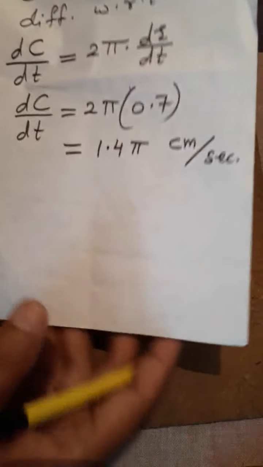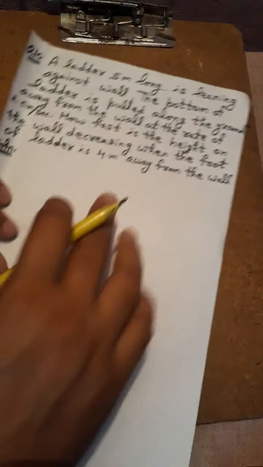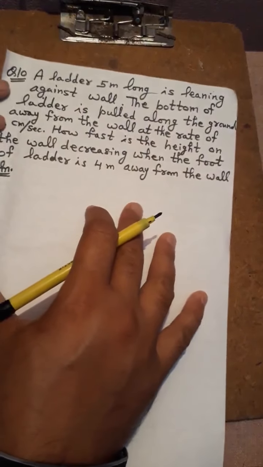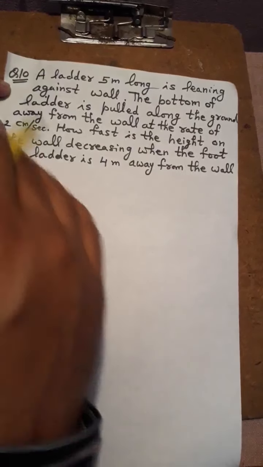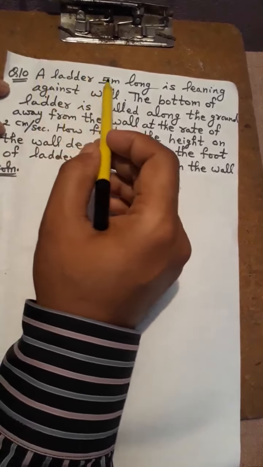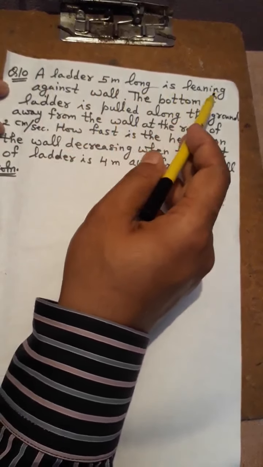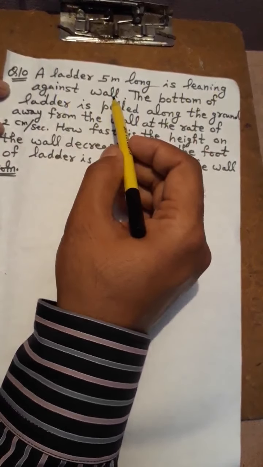Now let us do one more question, question number 10 from the same exercise. A ladder 5 meter long is leaning against a wall.